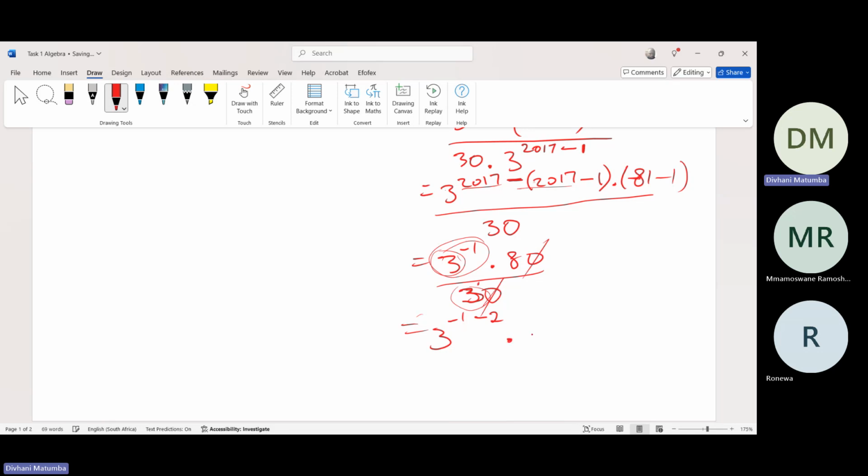So we'll be left with times 8. This will be 3 to the power of minus 3, which is how much? 1 over 3 times 3, it's 9. 9 times 3, 27 times 8. So we'll be left with 8 over 27.